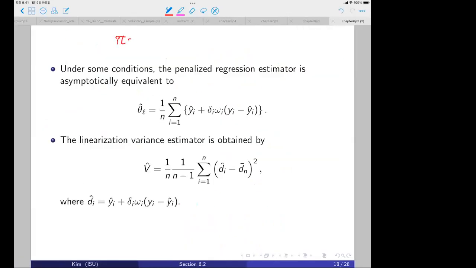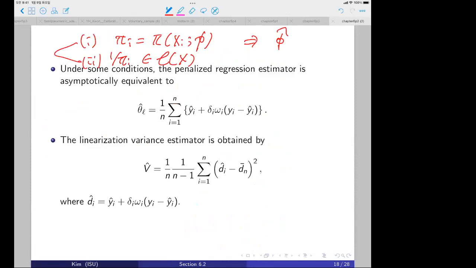One way is you use the assumption and then estimate it. Another way is to just assume that this is in the column space of X, then you don't have to. The second one justifies the use of the regression estimator under the response model.